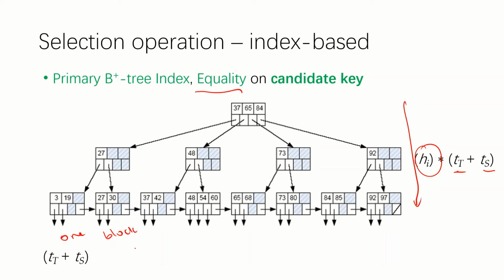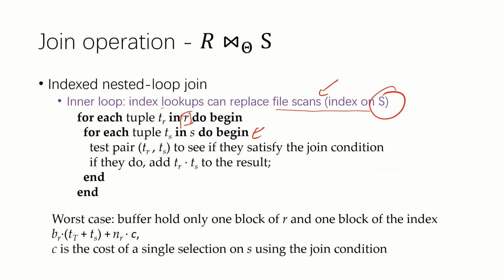So there's only one such tuple, and so I only need tT plus tS: one disk seek and one disk transfer.